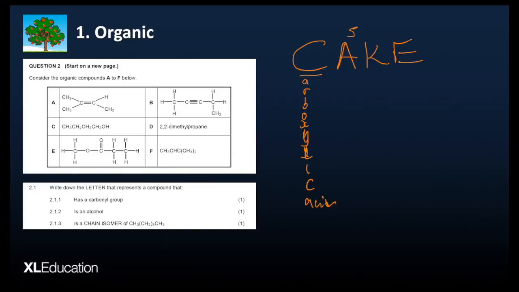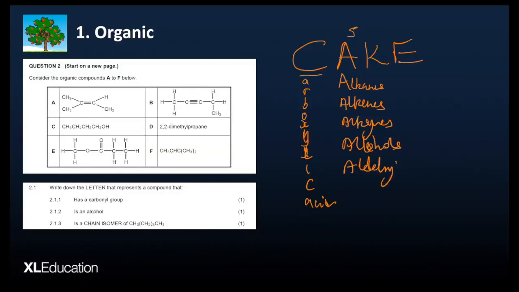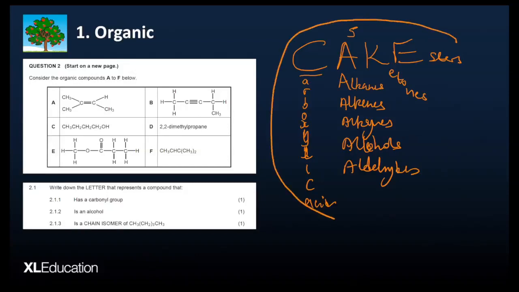Then we have A representing alkanes, alkenes, alkynes, alcohols, as well as aldehydes. These are our 5 A's. Then we have our K representing the ketones and E representing the esters. So this is basically all our homologous series, the ones that we have to know.